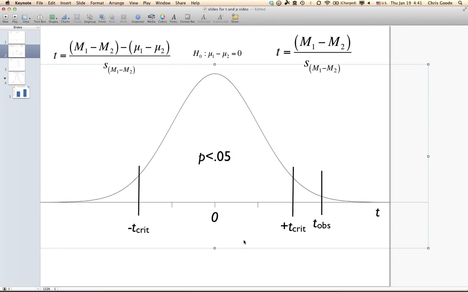When we start using programs like SPSS and Excel to calculate t, it won't just tell us the observed value for t, and it won't just tell us whether the probability associated with this value is within the critical region or less than 0.05 or less than whatever alpha we choose. It'll tell us an actual value for p.